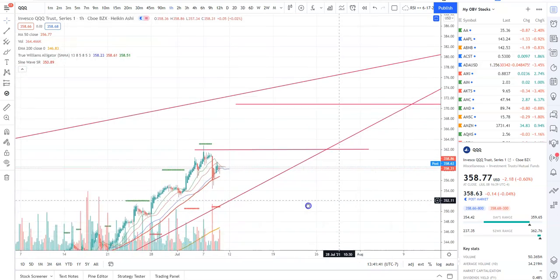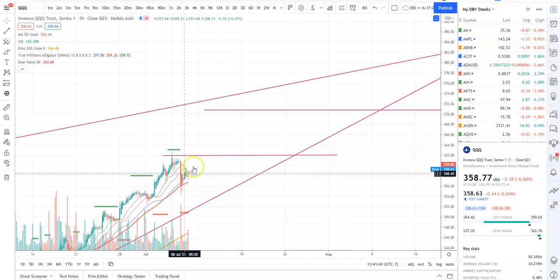This is the one we were looking at working up over this longer period of time to the upside.